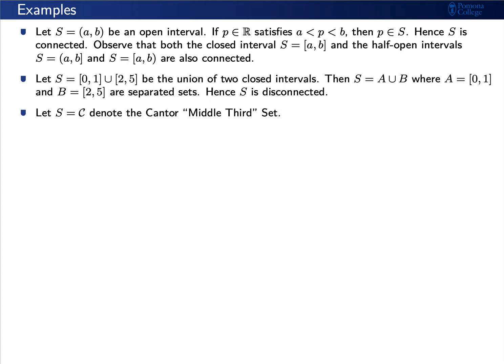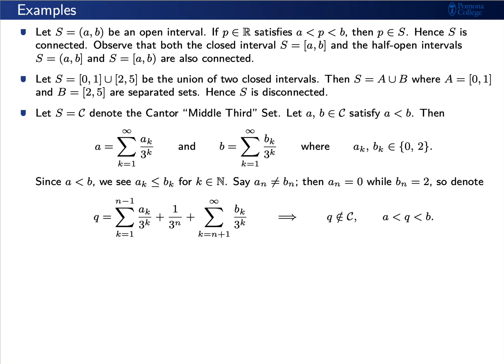Third, let S be the Cantor middle third set. Let's pick two Cantor numbers, lowercase a and lowercase b, such that a is less than b. Recall that we can write a in our ternary expansion as a sum a sub k over 3 to the k, and similarly we can write b as a ternary expansion, a sum b sub k over 3 to the k, where lowercase a_k and b_k have to either be 0 or 2.